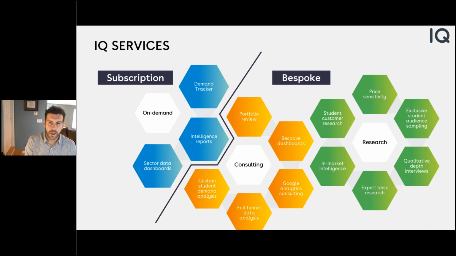To the right side of the line are bespoke services that we offer in consulting and research. These are very much customized to each of our clients' individual needs. And so if after today's call you feel a little bit overwhelmed by some of the data, or you feel as if you just don't have the capacity at your particular institution to dig into it and pull out some takeaways, we're more than happy to discuss how we can support and assist you through our bespoke, customized consultancy services.